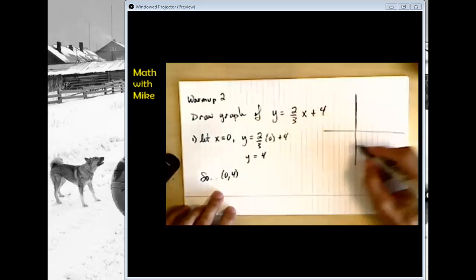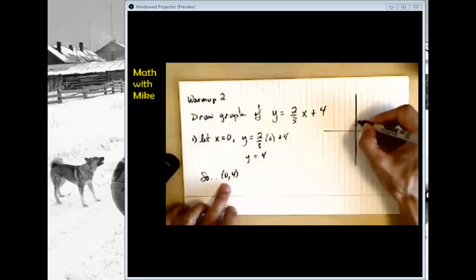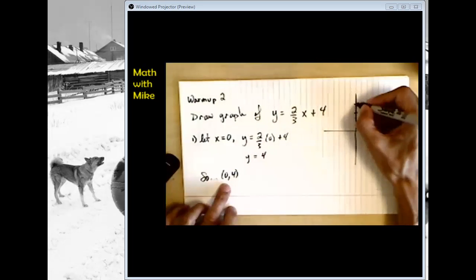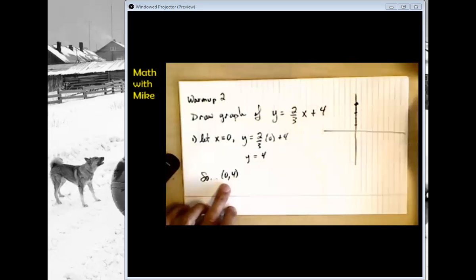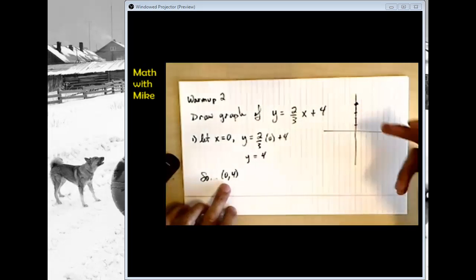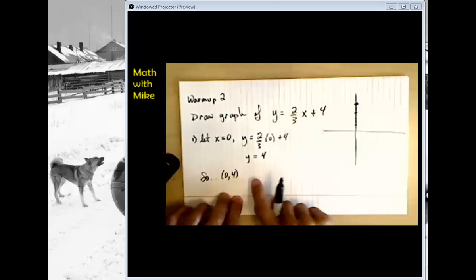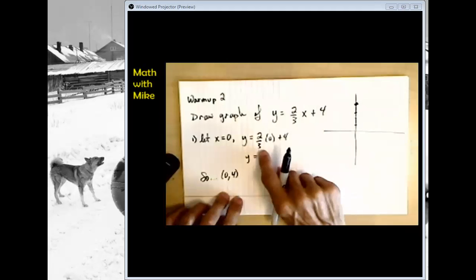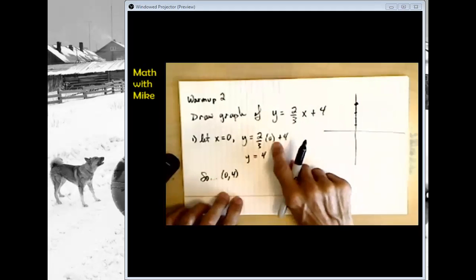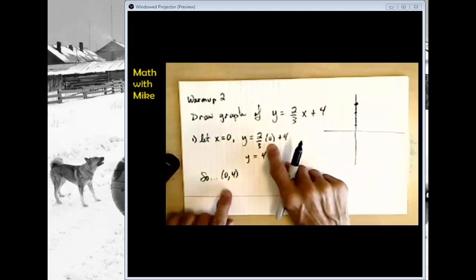Okay, so we know now that (0, 4) is going to be 1 point on the graph, right? If we want to do it with Yo-Ya's way and put 3 in there, what do we get? We don't get 4. What do we get instead?